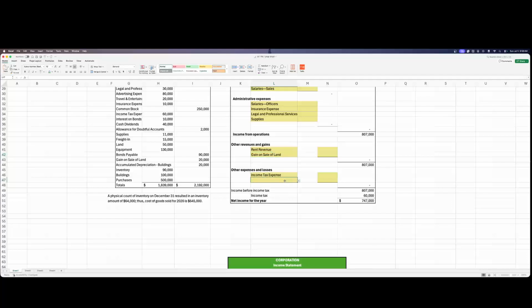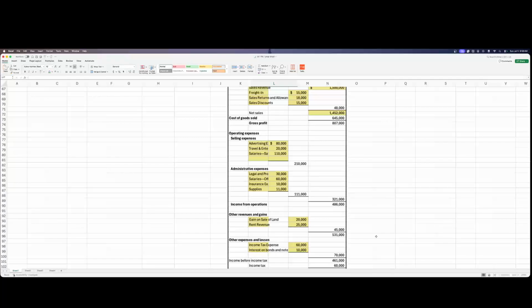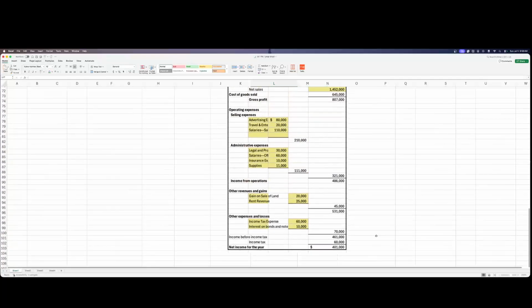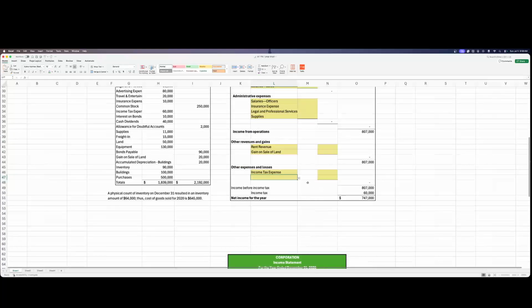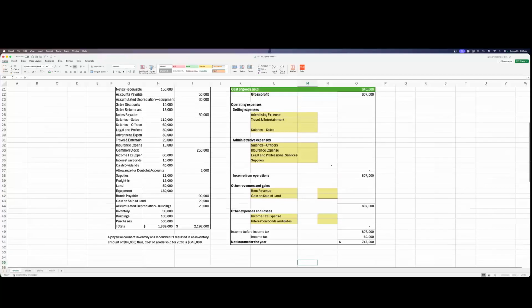If there's a gain on sale of land. Income tax expense and interest maybe. If this company has bonds and notes, they're going to have to deduct that.